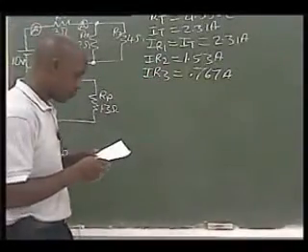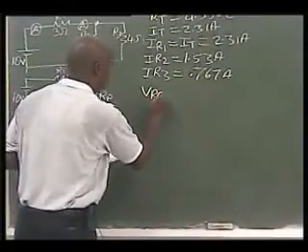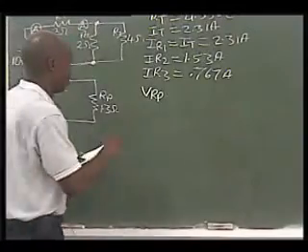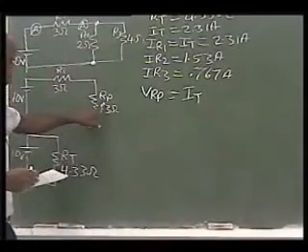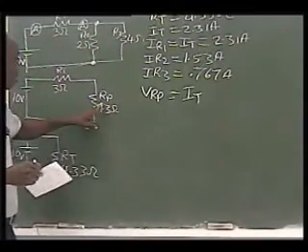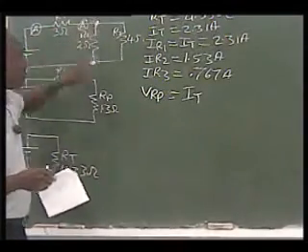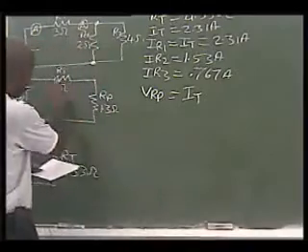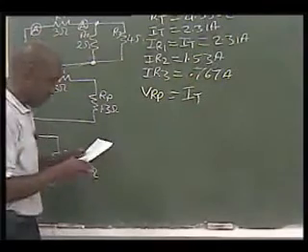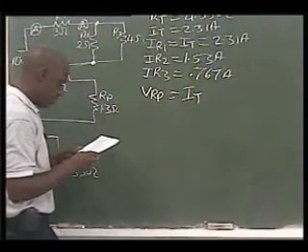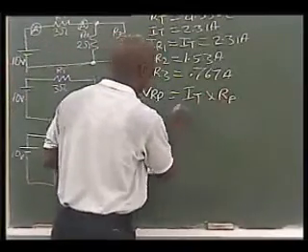Now VRP, which is the voltage across here, is going to be equal to IT. Remember, this is our series circuit. So whatever voltage drop is across here will be across here also. It will be IT, because IT will flow through the entire circuit. It will be IT times RP.